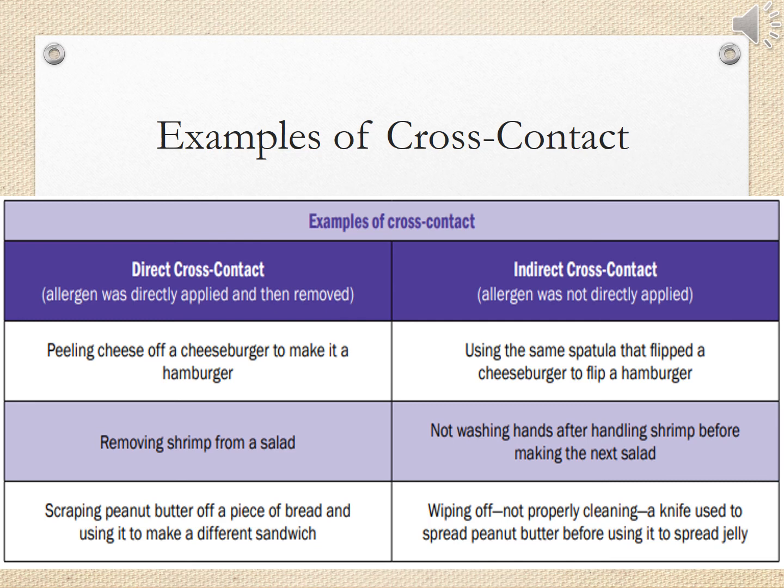Even though the shrimp never touched the lettuce, the shrimp touched your hands and then your hands touched the lettuce. Wiping off and not properly cleaning a knife used to spread the peanut butter before using the knife to spread something else. Those are all different examples of direct and indirect cross-contact.